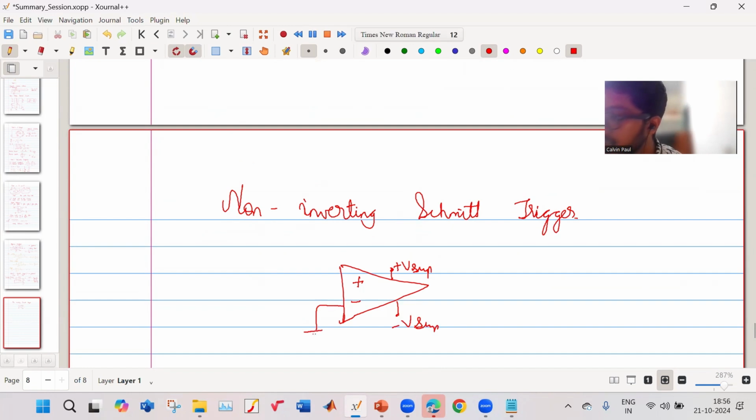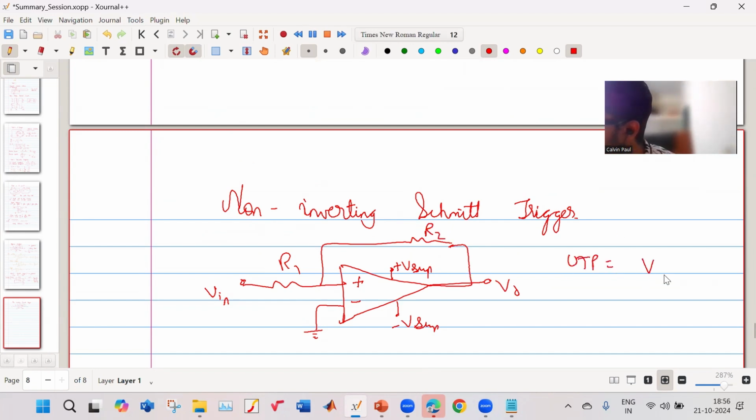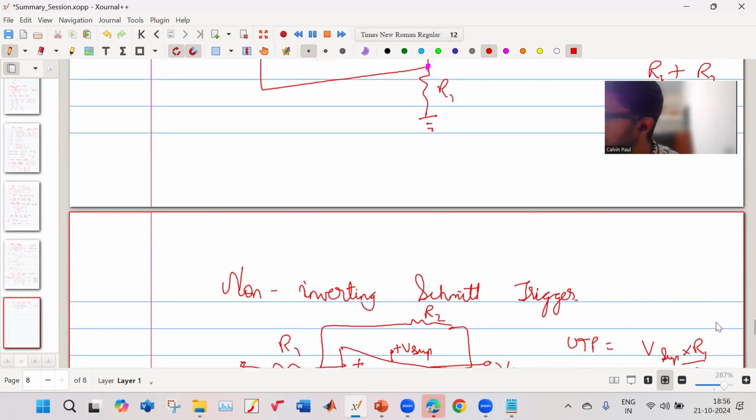This is connected to the ground. This is your R1. This is your V in. This is your R2. This is your V output. So in this case, the upper trigger point is given by V supply into R1 by R2, and the lower trigger point is given by minus V supply into R1 by R2.